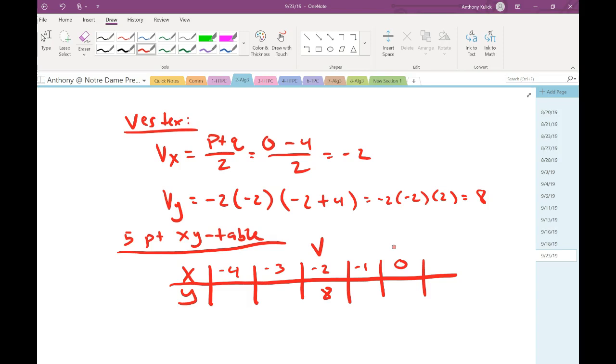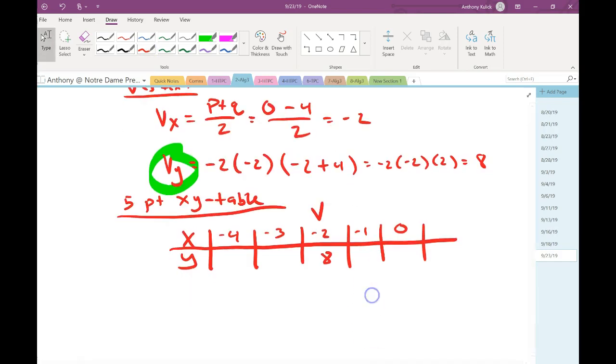And now to find the corresponding y-coordinates, I'm going to do the same thing I did when I found the y-coordinate of the vertex. I'm just going to plug these x-coordinates into my function to find the y value.